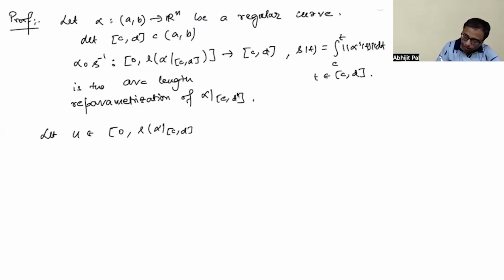Okay. So u I have taken in this closed interval 0 to the length of alpha restricted to CD.